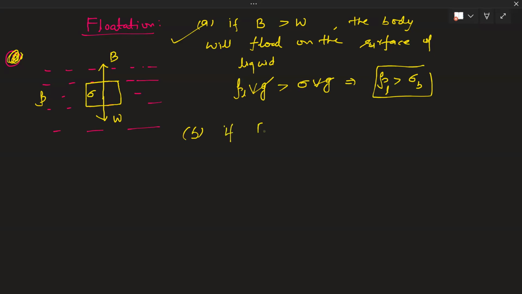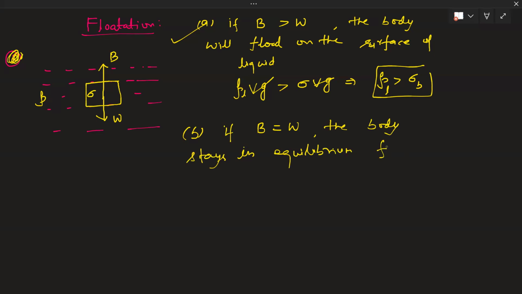Second condition, let's suppose B is equal to W. Then the body stays in equilibrium. It will neither go up nor go down.